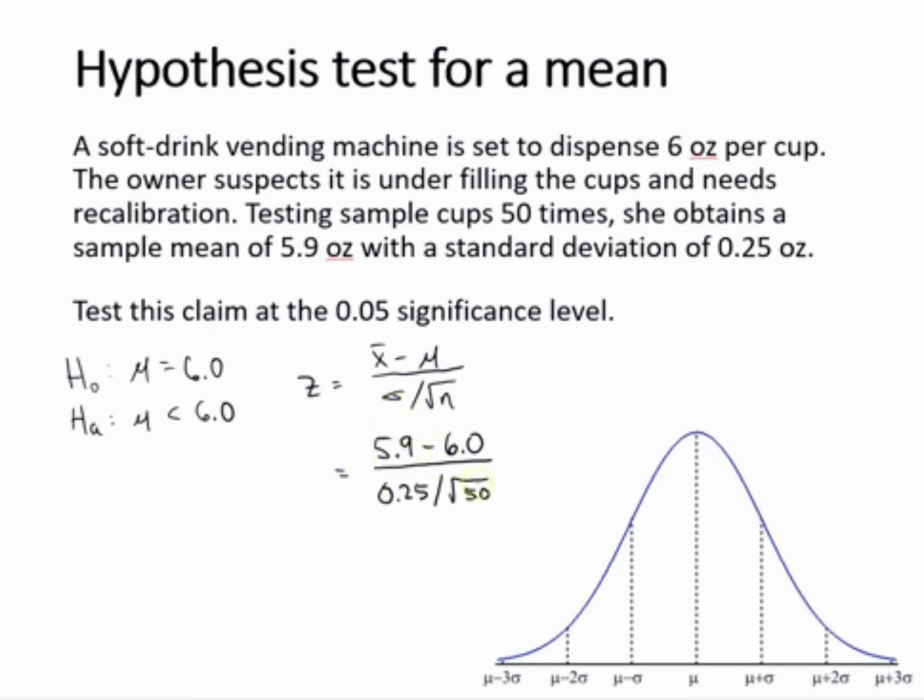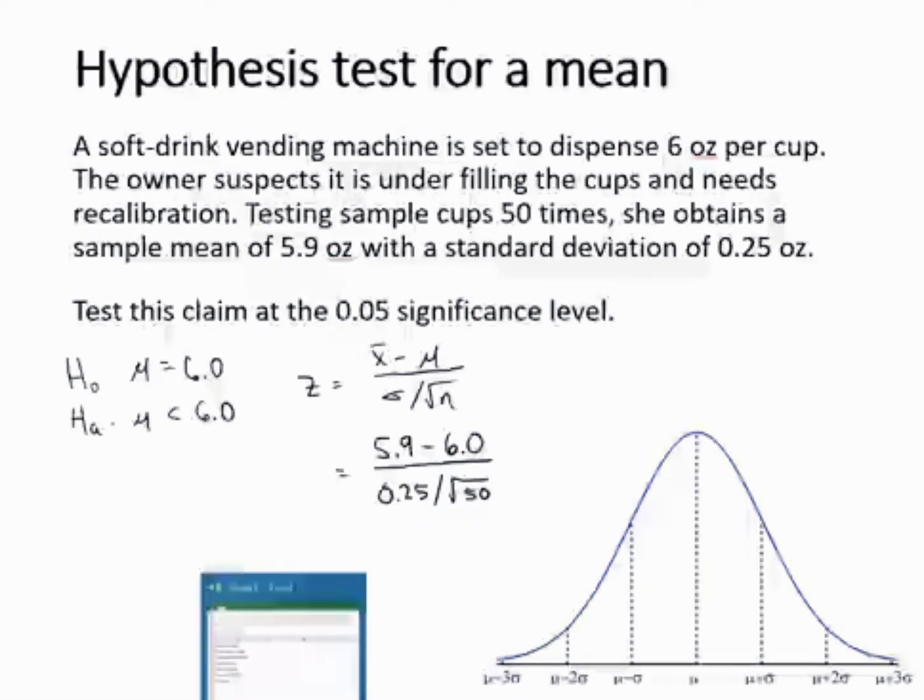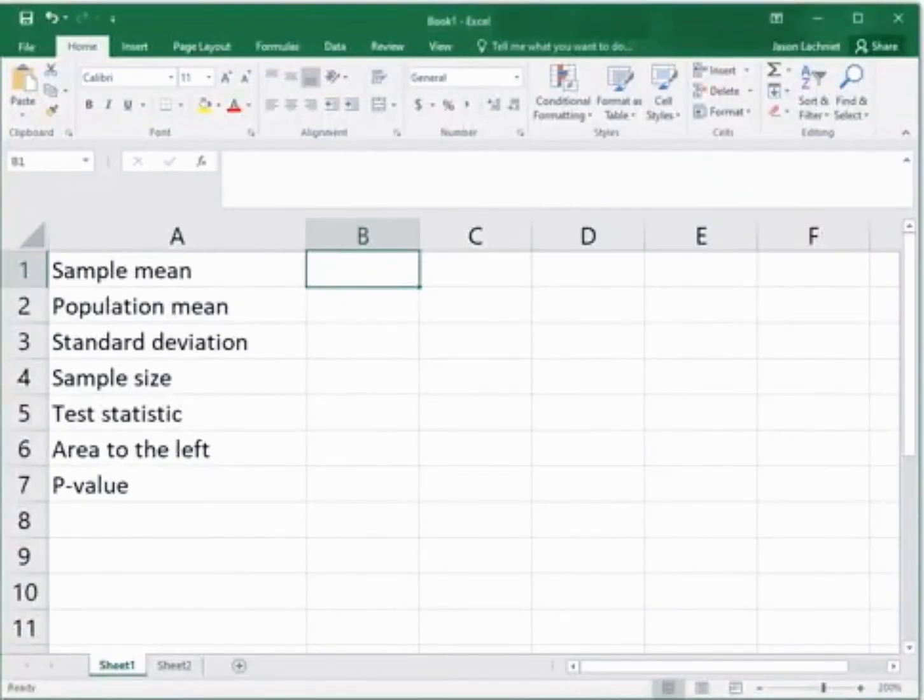Now, I could use any calculator to evaluate that test statistic and get that z-score, but I'm just going to go ahead and use Excel as my calculator to both do the computation for the test statistic and then also to generate the corresponding area under the curve. So I'm going to fill in the sample mean, which was 5.9, our population mean, which is assumed to be 6.